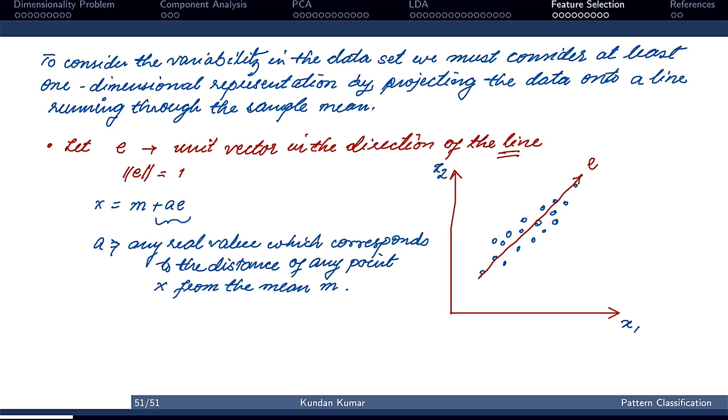So, let us take one sample, suppose this is x. If somewhere the mean is this one, this is the mean, then it will compute the distance a. So this will be the a.